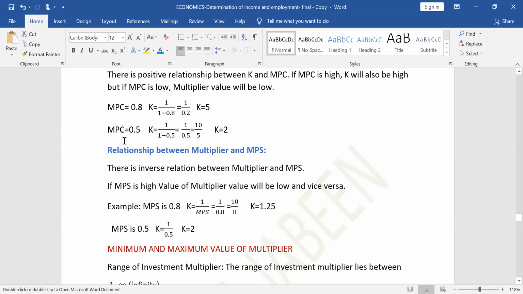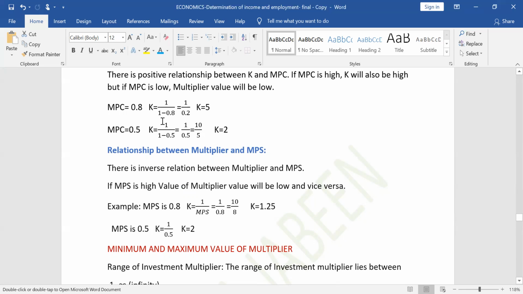Let us take another example where the value of MPC is 0.5, which means 50% of their income people are spending and 50% they are saving. So according to the formula, K is equals to 1 divided by 1 minus MPC, that is 1 minus 0.5, that will become 10 by 5, that is the value of investment multiplier will be 2.